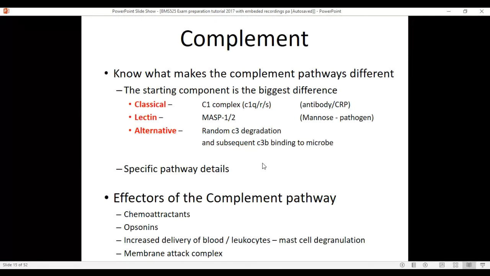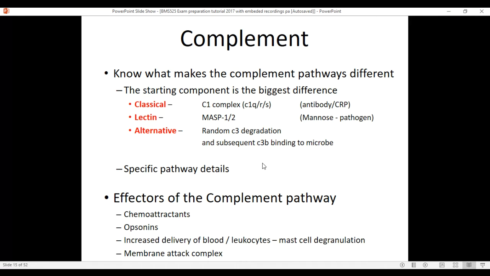But in summary, the main points that you need to get across in terms of complement are what makes each pathway different. Okay, there are 3 different complement pathways: the classical, the lectin, and the alternative.